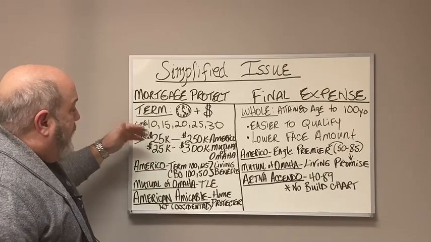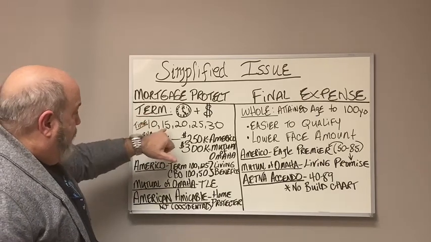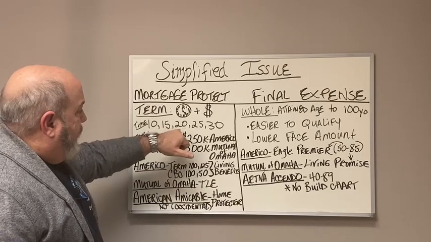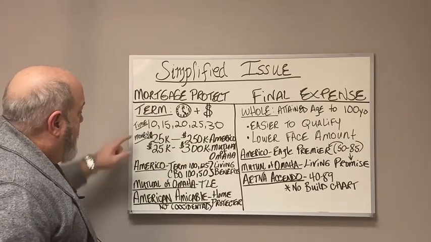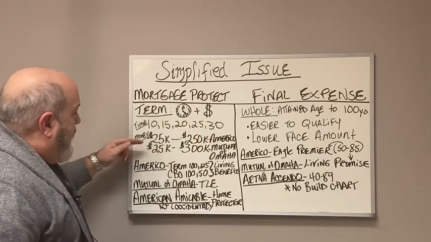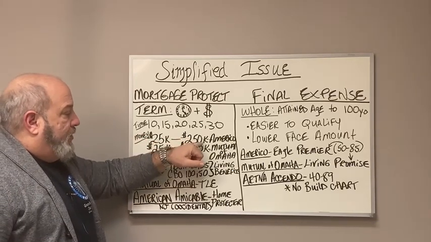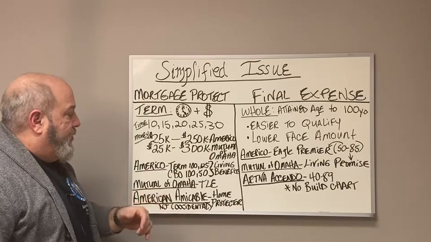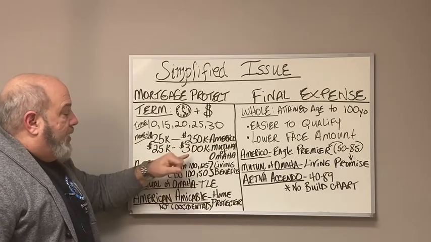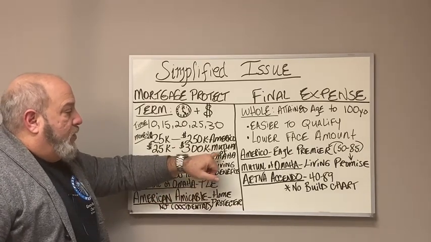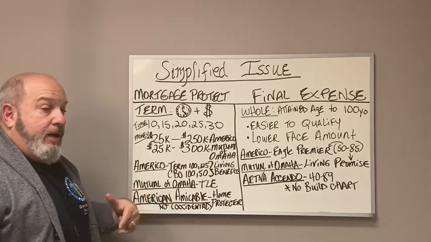So the time would be the term period, 10, 15, 20, 25, or 30 years. The money is anywhere between $25,000 to $250,000 with Americo if you're a new agent, and $25,000 up to $300,000 with Mutual of Omaha.